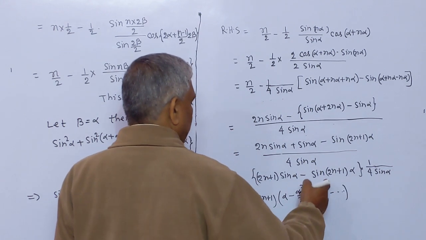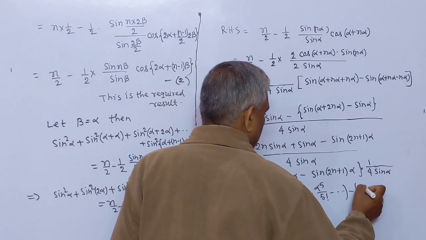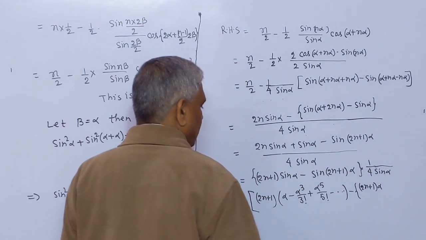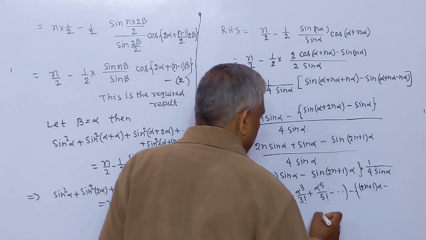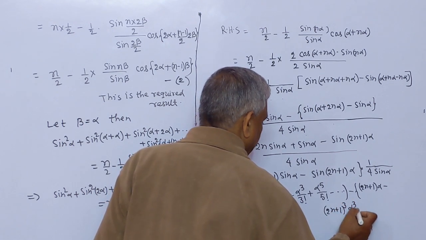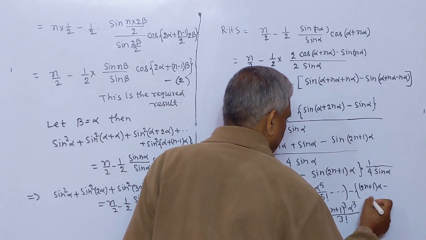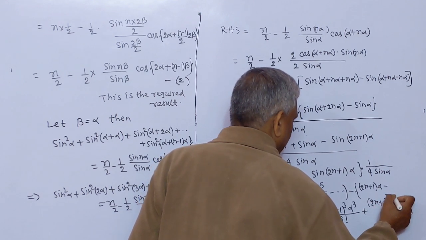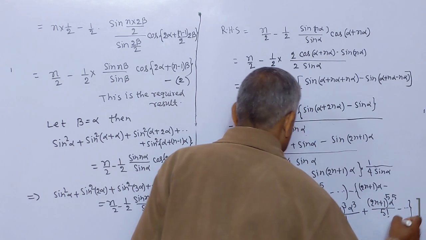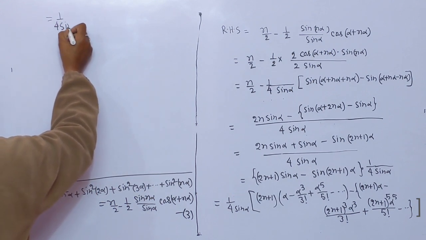Here we expand this: minus sine (2n plus 1) alpha, which is (2n plus 1) alpha minus (2n plus 1) whole cube alpha cube by factorial 3 plus (2n plus 1) whole to the power 5 alpha to the power 5 by factorial 5 minus dot dot dot. This is equal to 1 by 4 sine alpha.